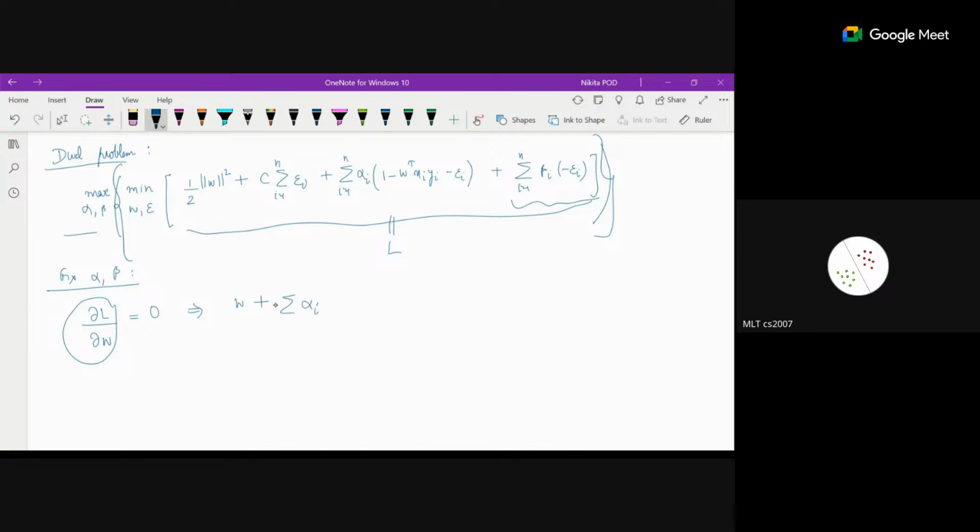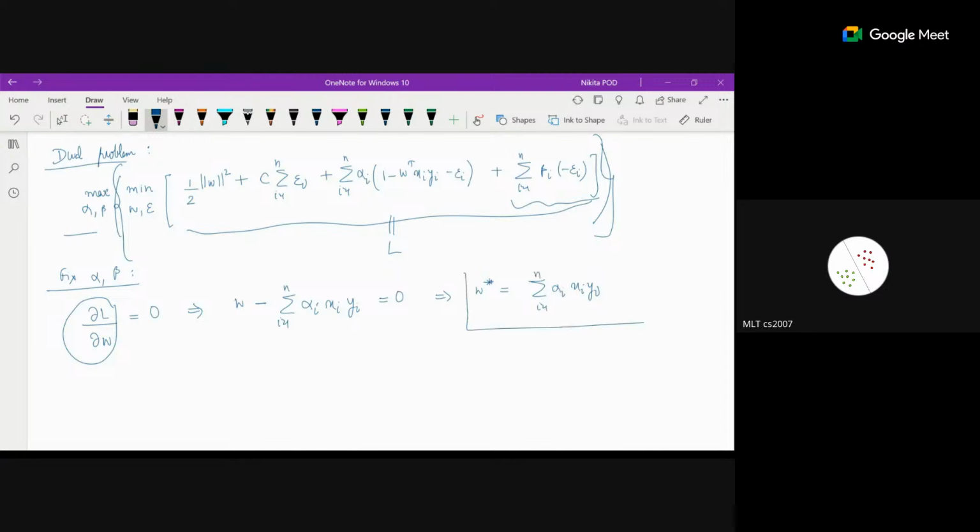So you have minus xi yi, where I is varying from 1 to n. Now you equate this to 0. So once you equate this to 0, you get what?